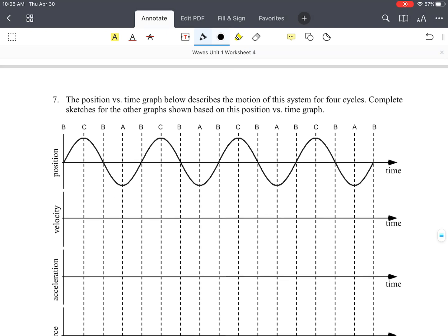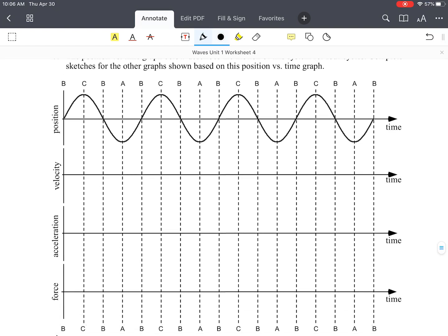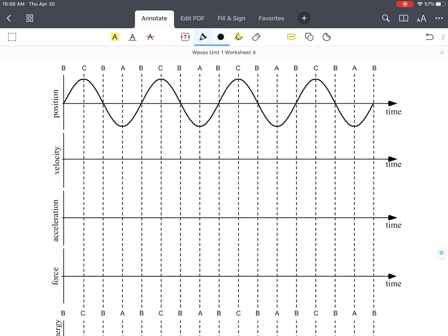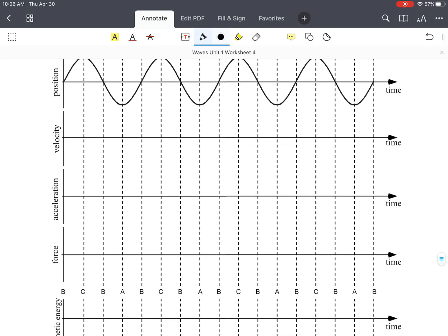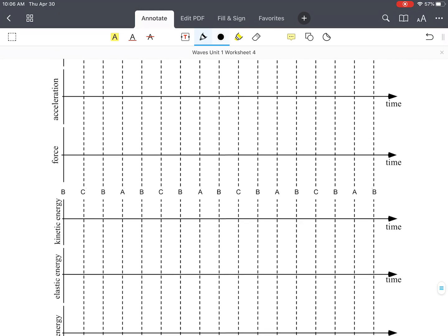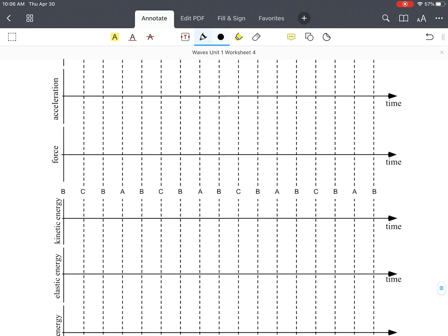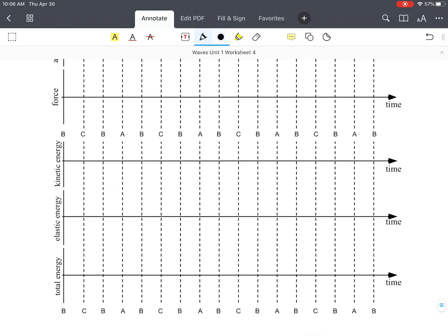And so the position versus time graph is given to you. And so from that graph, what you need to do is a velocity, acceleration, and a force wave graph, which you've already done. But then there's two new ones. You have kinetic energy, and you have elastic energy, and then you have total energy.